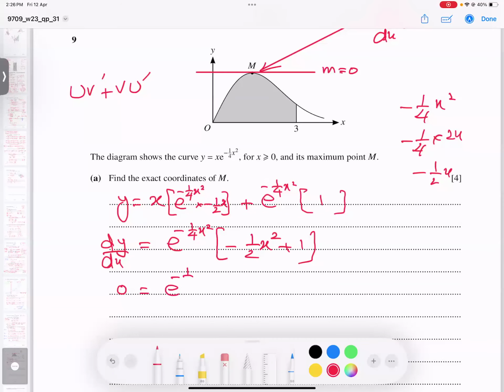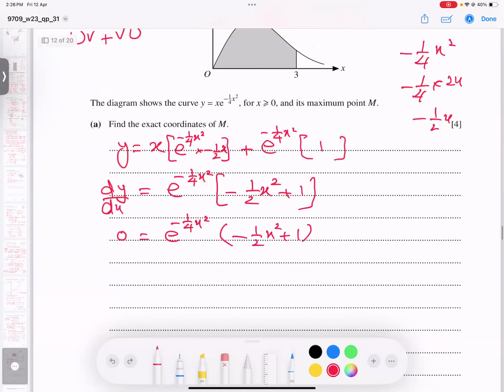When I put the derivative equal to 0, in this particular question we have 2 factors. So either this is equal to 0 or this is equal to 0. But you know, students, an exponential cannot be equal to 0. Logic: if it equals 0, to bring the power down I will take log, and log of 0 is a math error, undefined.